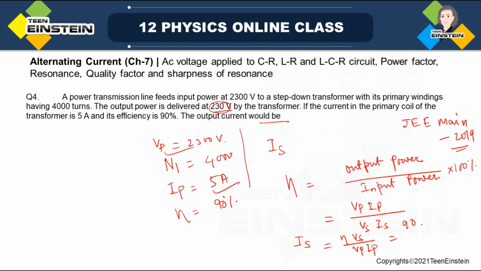So 90 is the efficiency, VS is 230 volt, and VPIP is the input power that was given as this much.